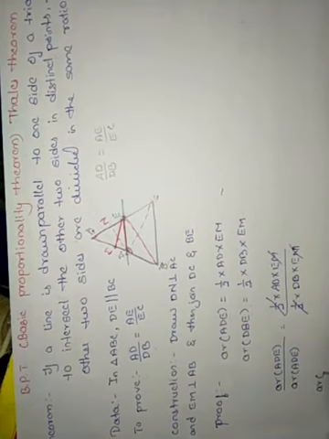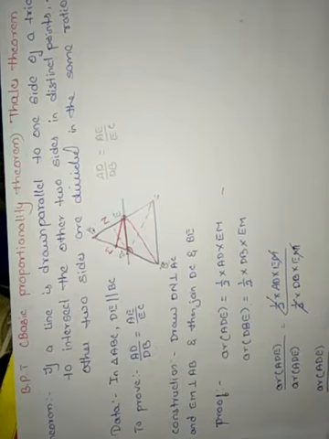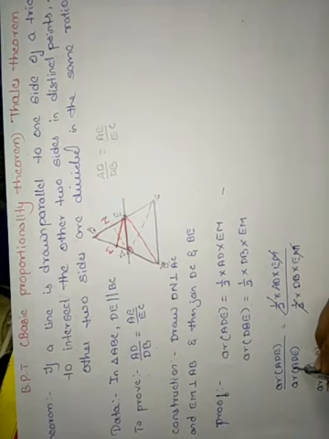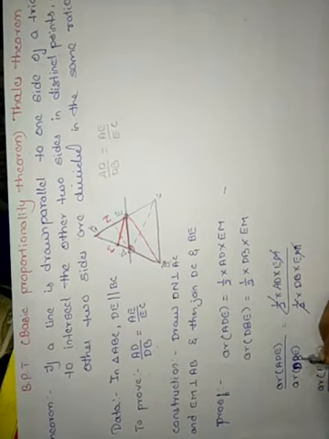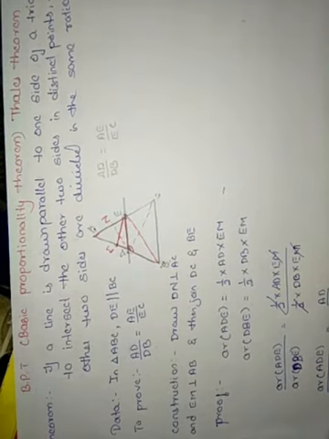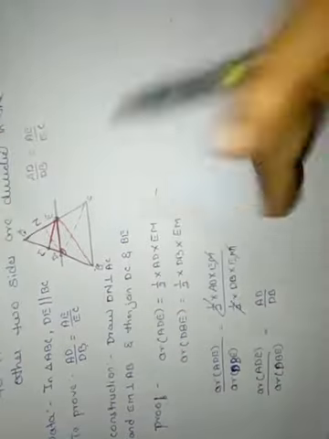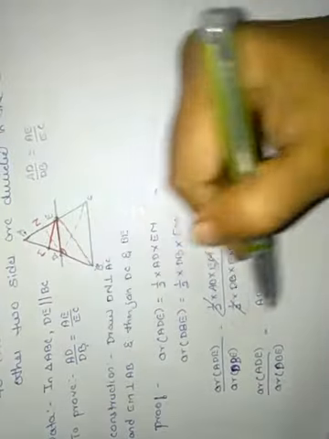The remaining part is area of triangle ADE divided by area of triangle DBE equals AD divided by DB. We got the left hand side.